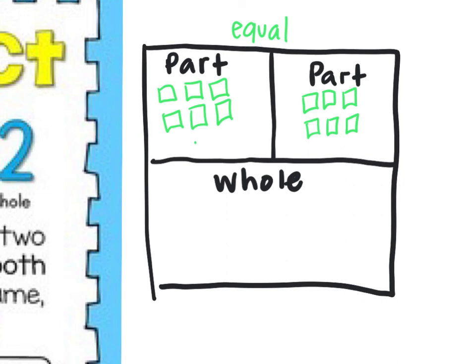Then when we put them in the whole, so if you have actual blocks, you would actually move them. When we put them together, how many blocks would we have all together?